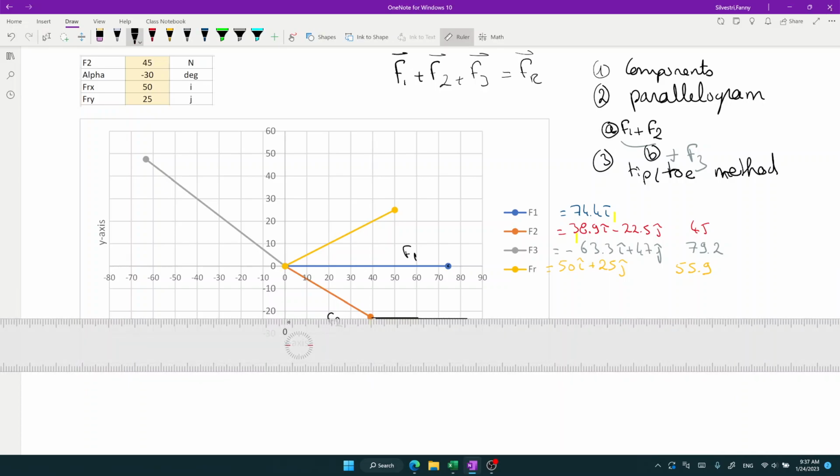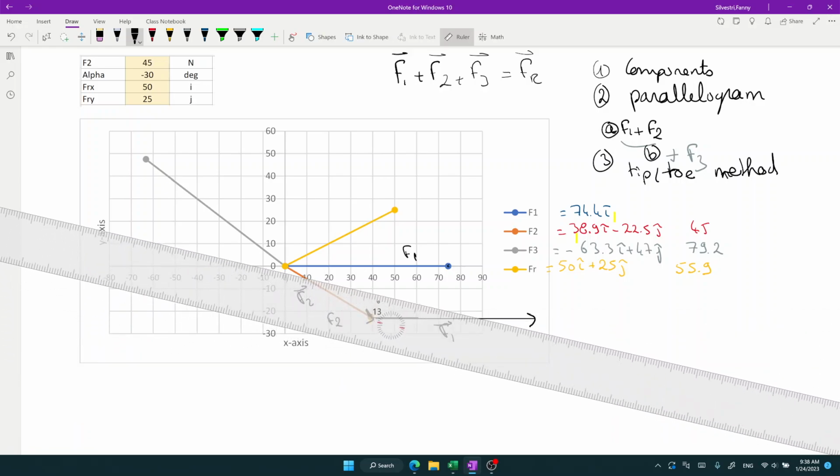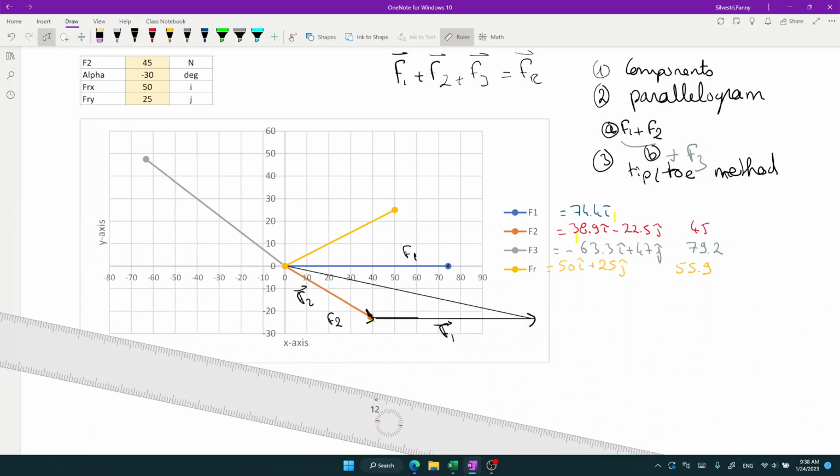So this is the vector f1 that I slide at the tip of f2. So we have f2 plus f1. So the toes of f1 is attached to the tip of f2. And I draw the sum of both of them. Here we go. That is my f1 plus f2.